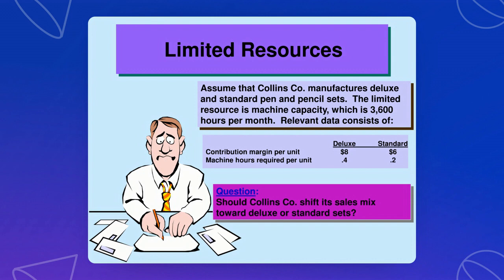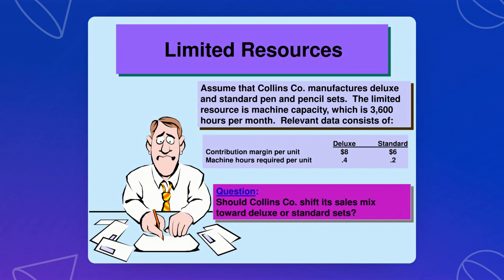So we are making deluxe and standard. The CM per unit of deluxe is $8, while standard is worth $6, while the machine hours required per unit is 0.4 for deluxe and 0.2 for standard. Okay, so what will you do, class? Should Collins Company shift the sales mix towards deluxe or standard sets?